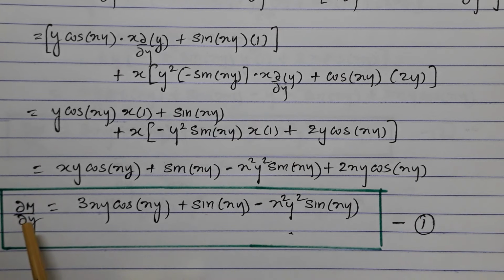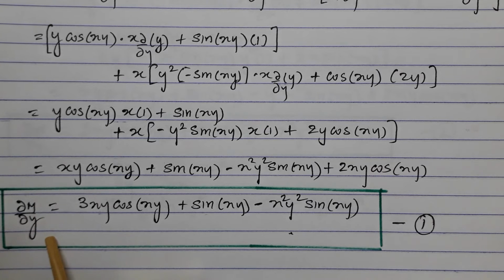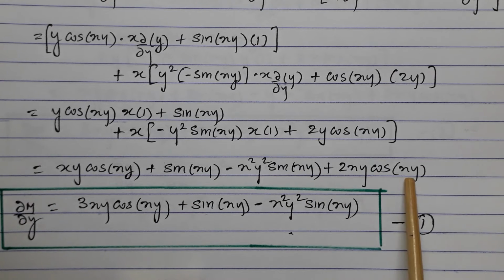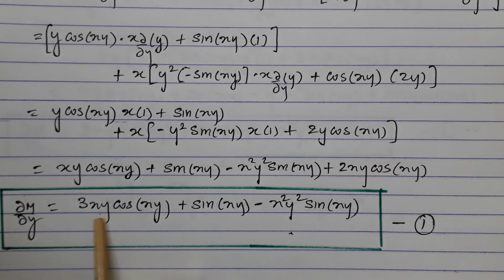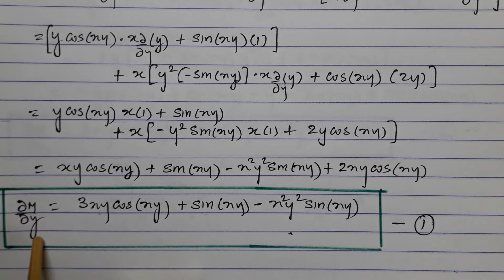So finally the partial derivative of M with respect to y, that is ∂M/∂y, is equal to 3xy cos xy, because xy cos xy and 2xy cos xy are like terms, they can be added. So we get 3xy cos xy + sin xy − x²y² sin xy. So we can write this as equation 1, and this is ∂M/∂y.